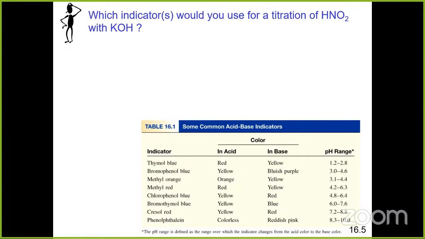It's a strong base. So if you're titrating a weak acid with a strong base, what would you expect the pH at the equivalence point to be: at 7, above 7, or below 7? Above 7. So based on that conclusion, which of these indicators would you use in that titration?